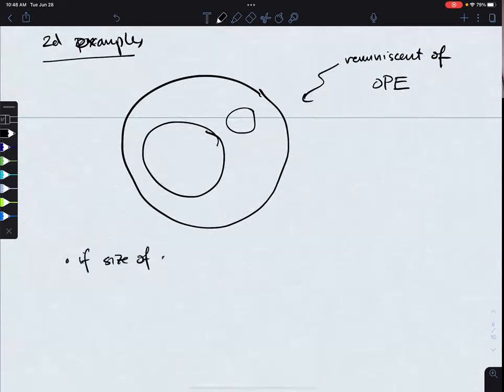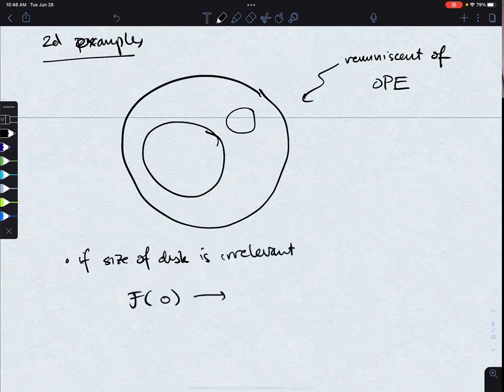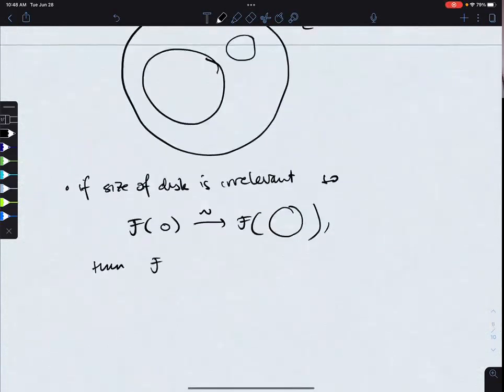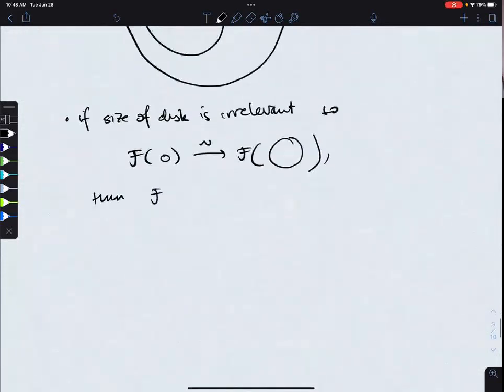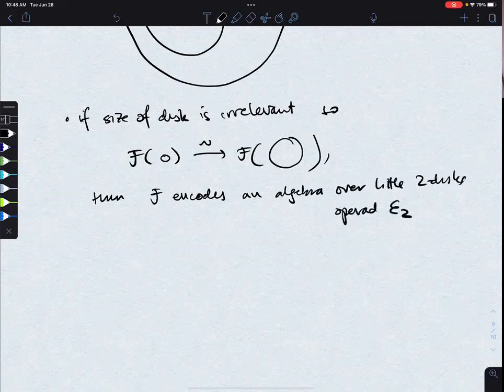If the size of the disk is irrelevant, so F of a little disk maps to F of a big disk, and this is always an equivalence, and 2D means M equals R2, then F encodes an algebra over the little 2 disks operad E2.